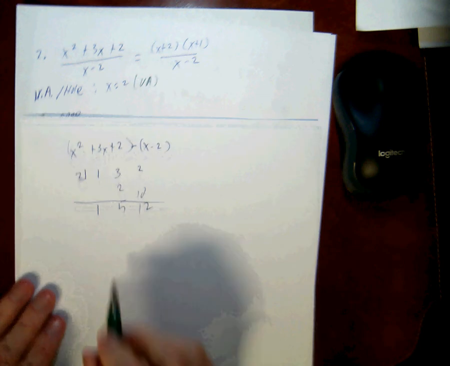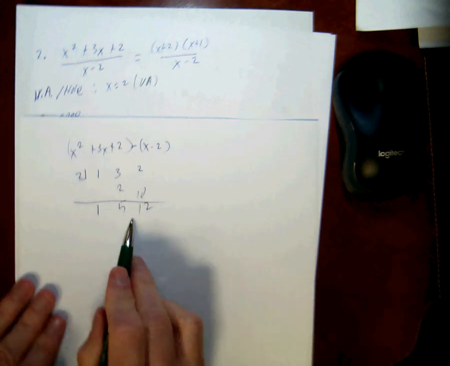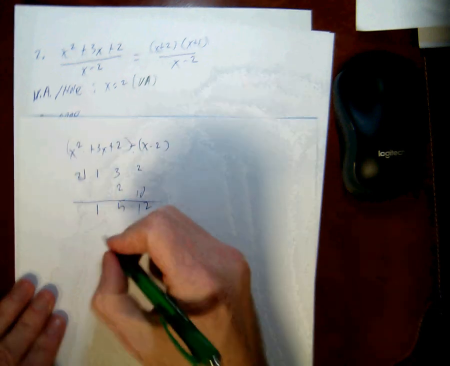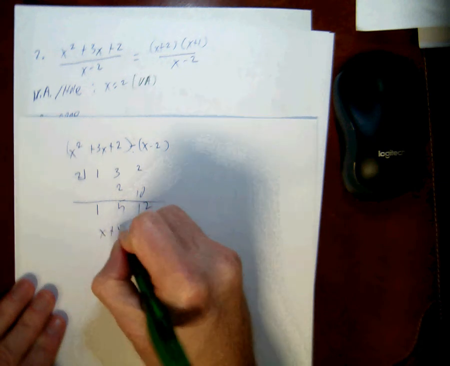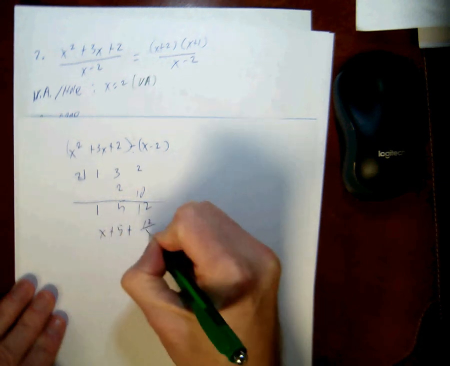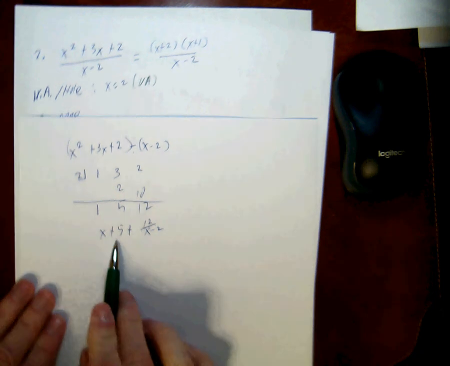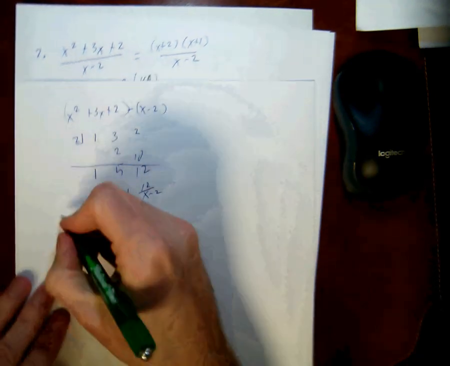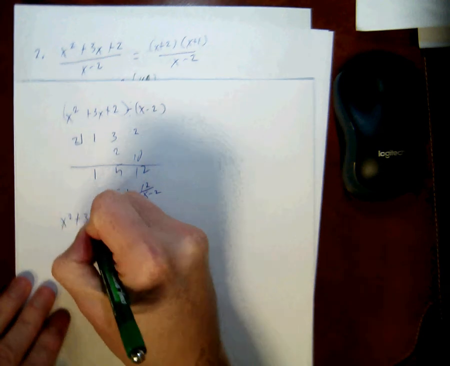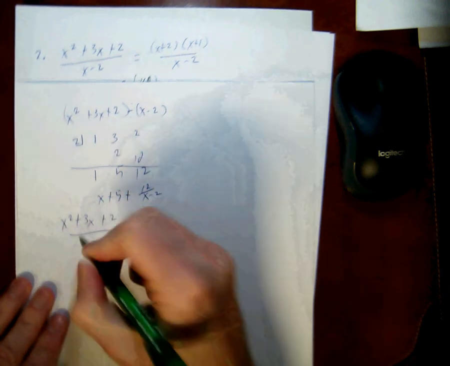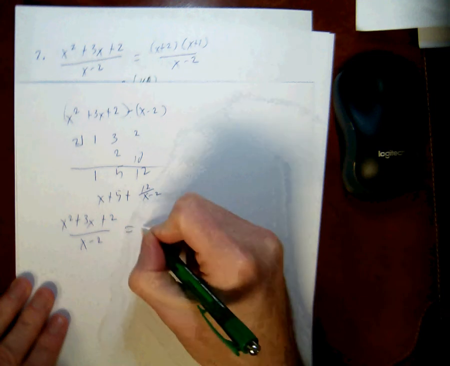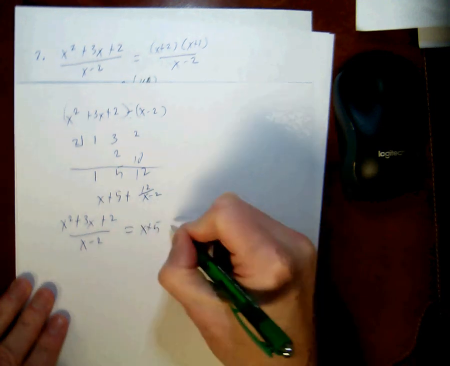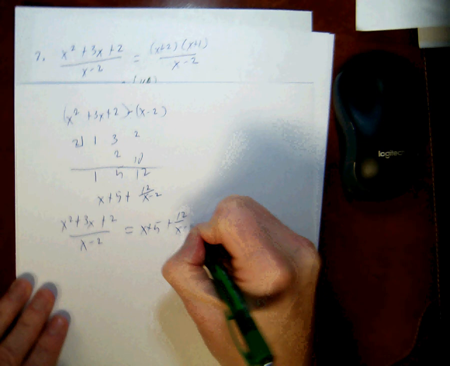And so with this synthetic division, we found out that this is x plus 5 plus 12 over x minus 2. And here's what this means. This means that x squared plus 3x plus 2 over x minus 2 equals x plus 5 plus 12 over x minus 2.